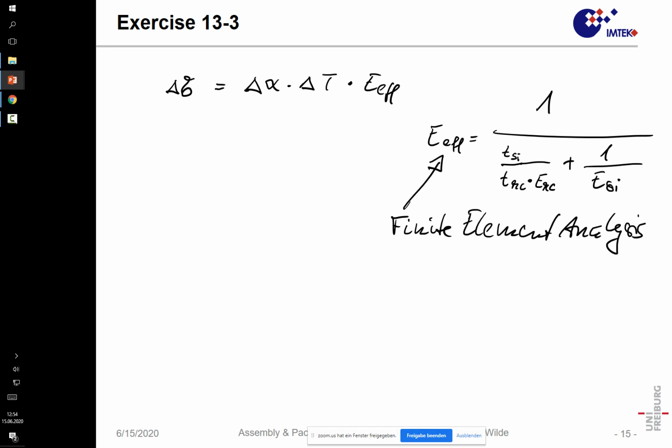So the main reason in such complex mechanical problems we use finite element analysis is more or less we want to know the effective Young's modulus. Also, it must be mentioned that this delta alpha is also temperature dependent. Yes, we have the glass transition, for instance, and also the effective Young's modulus is temperature dependent.